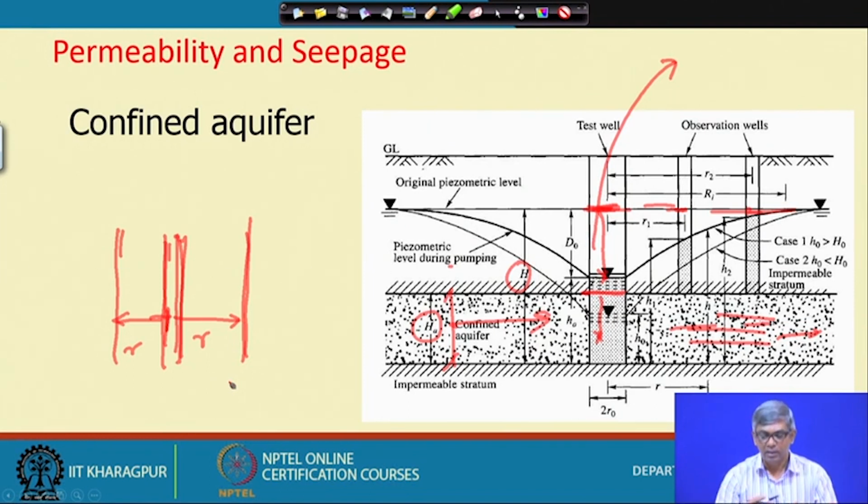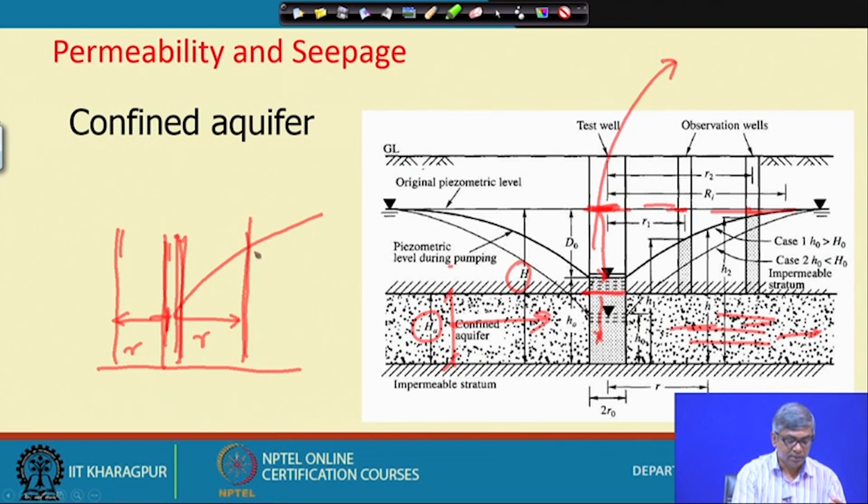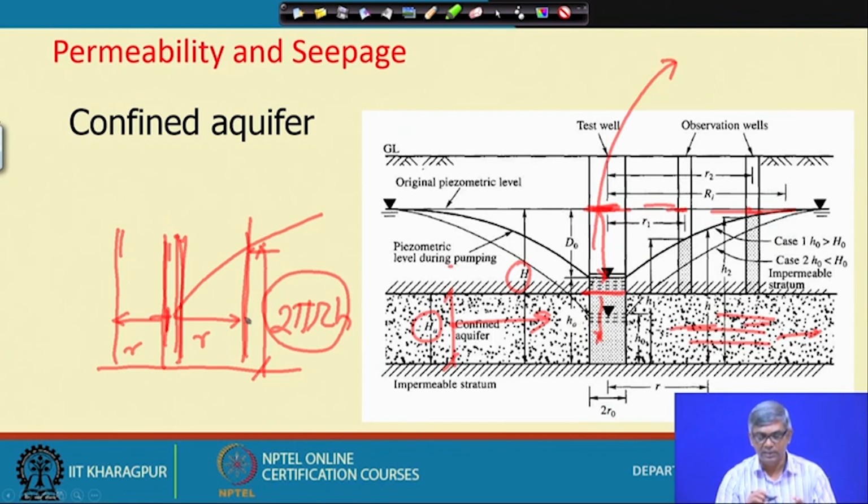In the earlier case, if the drawdown curve was like this and the impervious layer was this, then the area through which water was coming was 2 pi into r into h. The h was variable there, but here, since it is above this, water is not entering from this, and here also water is not entering.